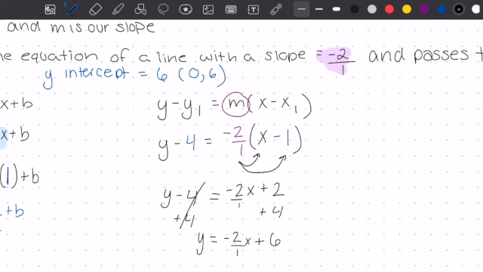So this is just a different way of finding our y-intercept. Whatever way you like more is totally fine. This is the same thing. I'm just going to write this out as y equals negative 2x plus 6, without the 1 underneath. Either way, it works totally fine, and you are able to use that to answer the question. It doesn't matter to me, unless the question specifically asks you to use a certain method.